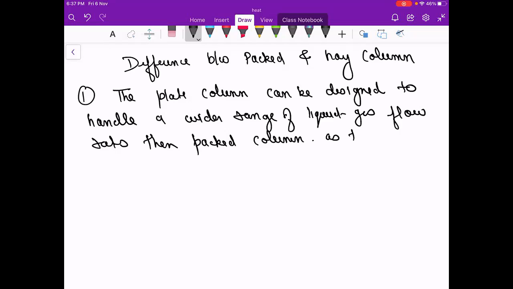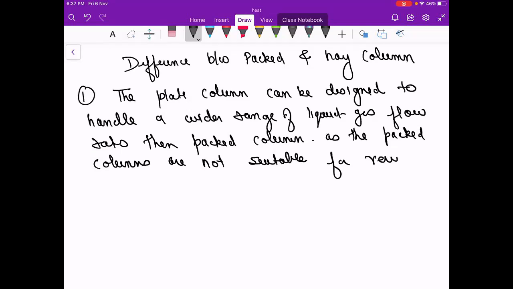As the packed columns are not suitable for very low liquid rates.